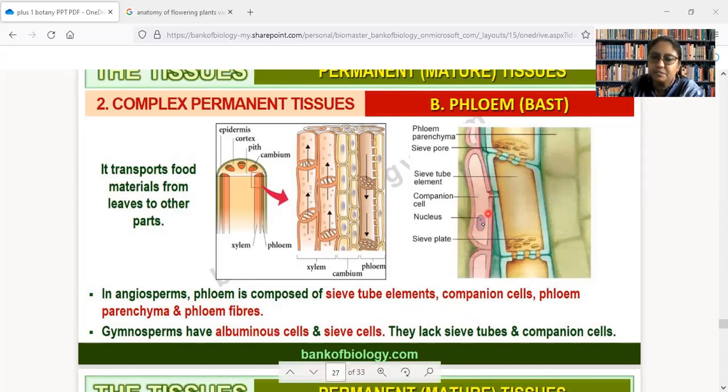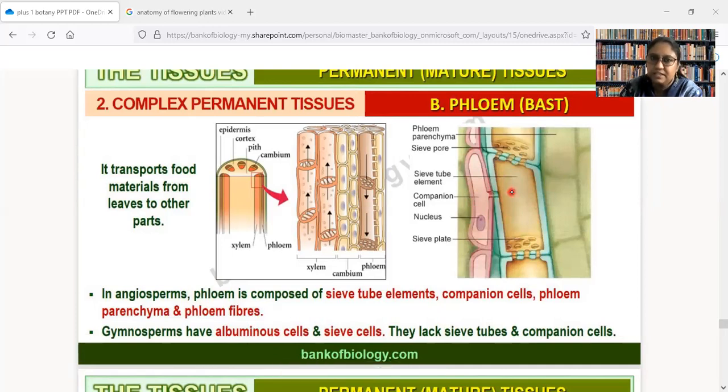Companion cell is responsible to help them. That's why it is observed that if in a phloem the sieve tube is intact, but the companion cell of that sieve tube element is dead, then the sieve tube cell will also die. Because without companion cell, the sieve tube is of no use.